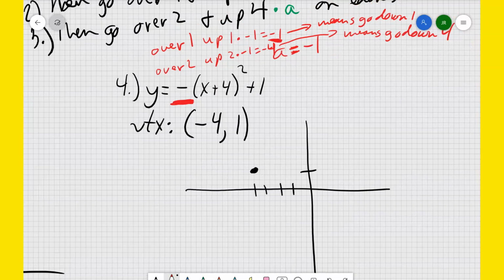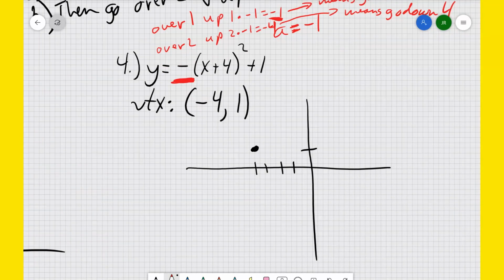Okay, so once again, let me put some extra dashes in here so I can count. I'm going over 1, down 1 on the right and on the left. I went over 1 and down 1.